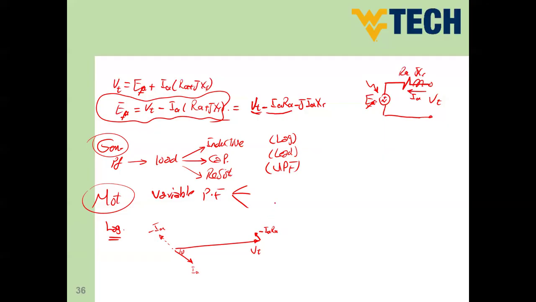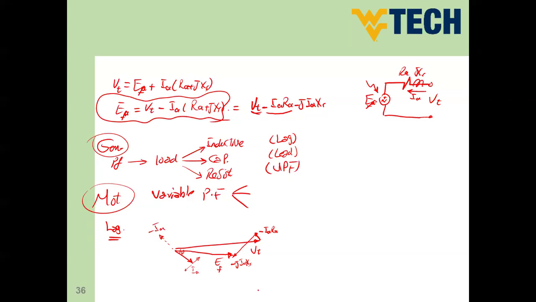Then we have minus JIAXS. J is, this is IA again, so J is in this direction, so minus J is going to be in the opposite direction. So the minus JIAXS is going to be like that. This means the resultant vector is going to be in this direction. So this is EF in our machine right now.